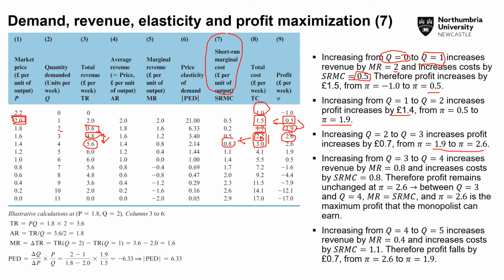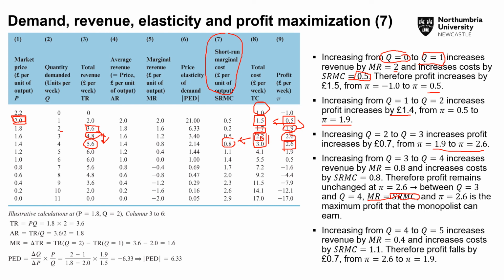So what is the result? Well, profit no longer increases. And that here is how we arrive at this condition: when the marginal revenue is equal to the short-run marginal cost, the monopolist can earn a maximum profit.